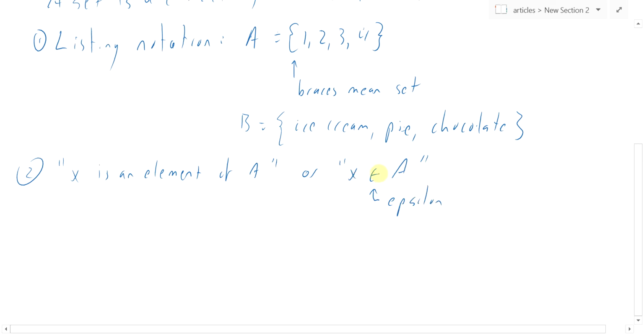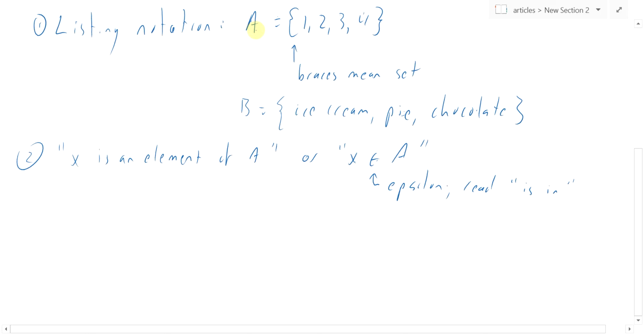When we say X, you read it as "is in," so when you see this, it says X is in A. So what does that mean? Well, if we look at the set A up here, what are the things in the list? Well, 2 is in A, right? 3 is in A, right? It just means that this thing shows up in the list for A. 3 shows up in the list for A.